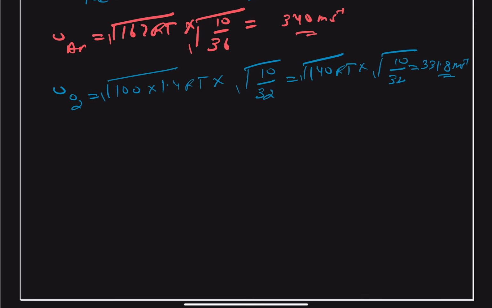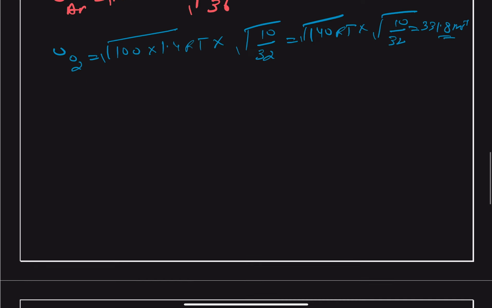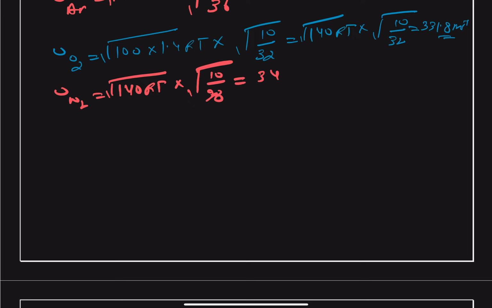And we are left with only one gas, that is nitrogen. So the velocity of nitrogen will be the square root of 140 RT multiplied by 10 by 28, and this comes as 354 meter per second.